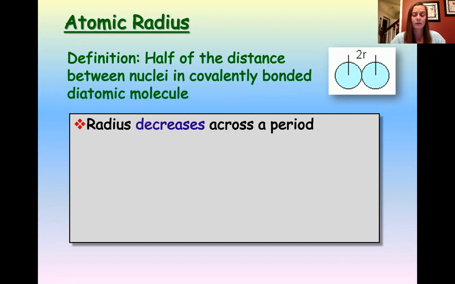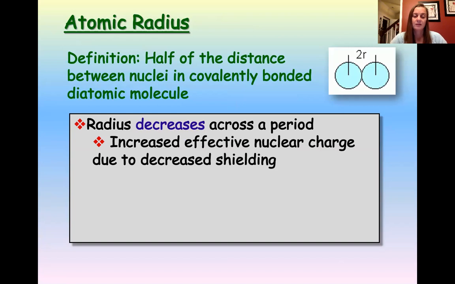As we move across a period, the radius is going to decrease. Even though we are adding more electrons and more protons and more neutrons, radius is going to decrease. Atoms get smaller as we move across a period. Why is that? This is because the shielding stays, as we talked about, relatively constant, but the atomic number increases.